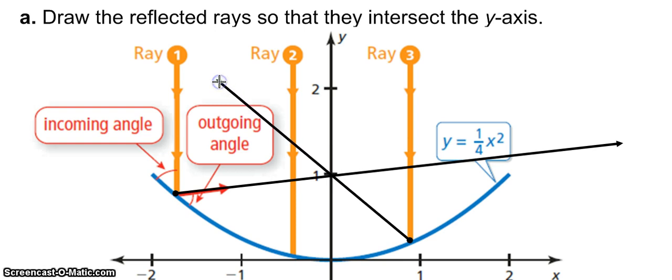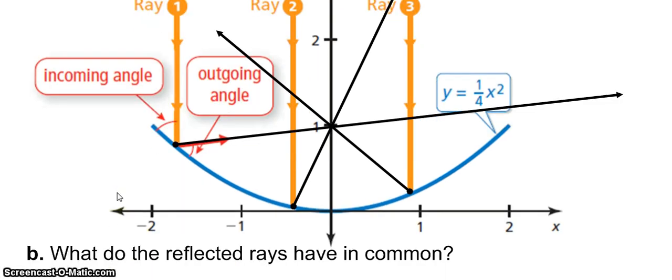So this right here, where again this angle should be exactly the same as this angle. Now I'm freehanding this, but they look pretty close. And then this one is going to go like that, where this angle here should be pretty close to this angle here, or technically it should be exactly the same. So those are the rays that we're talking about.